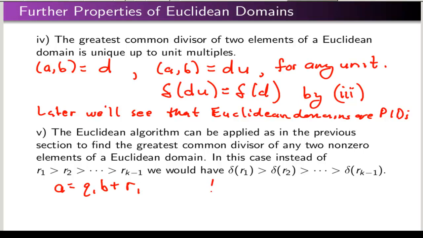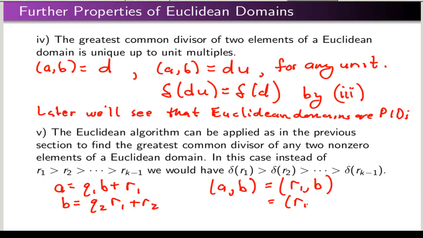So you would have A is Q1B plus R1, and then you subtract Q1B from A to get R1, and then we take B and say that's Q2R1 plus R2, and you subtract Q2R1 from B.